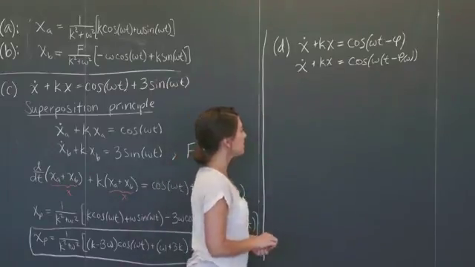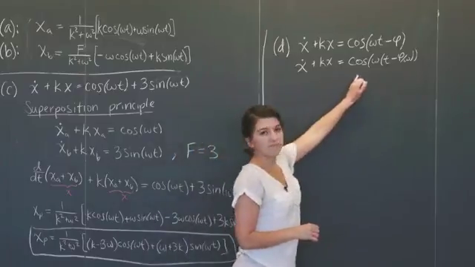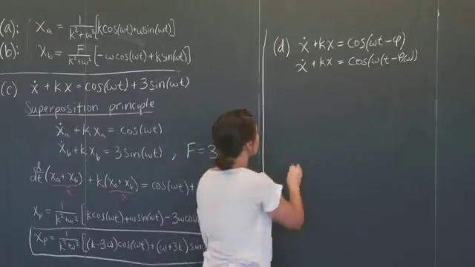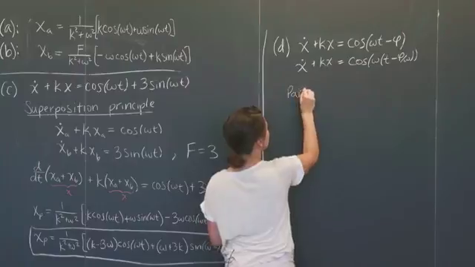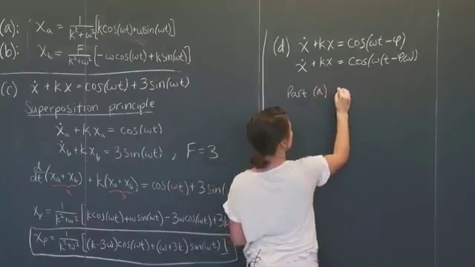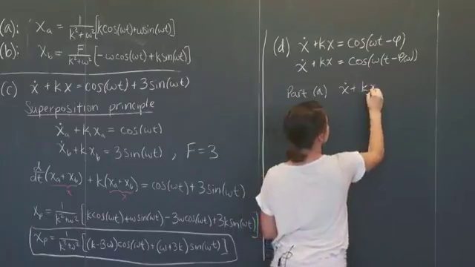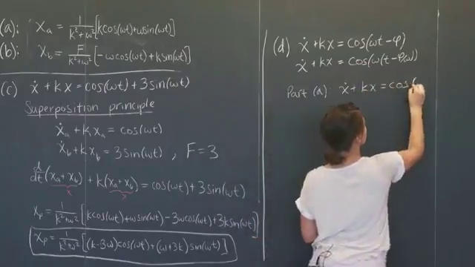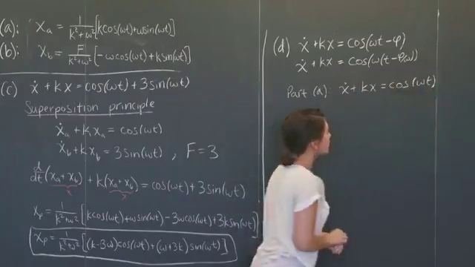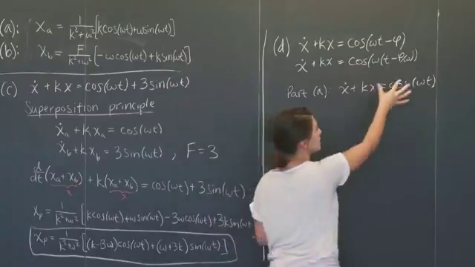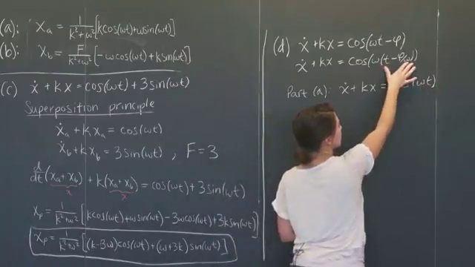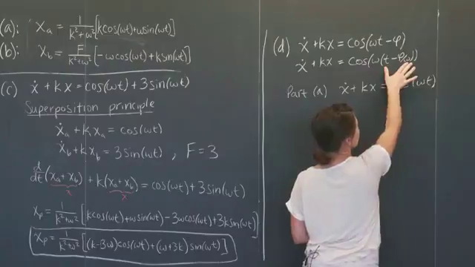concept. Now, this ODE might look familiar now, because in part A, the ODE that we solved was x dot plus kx equals cosine omega t. Now, the only difference is that the t in this case is replaced by t minus phi over omega.